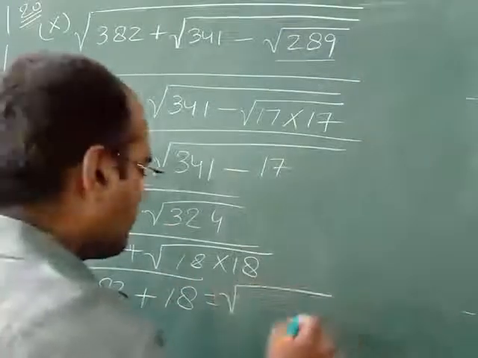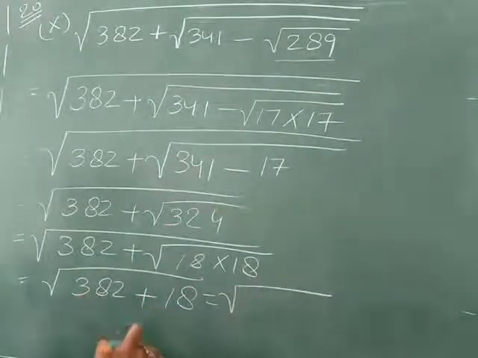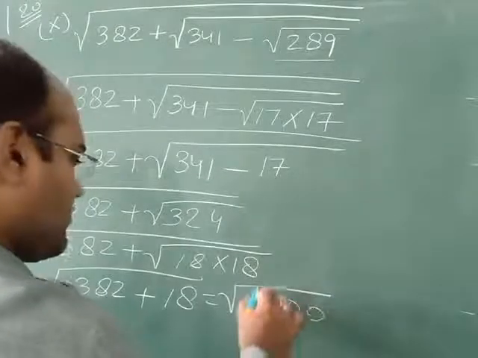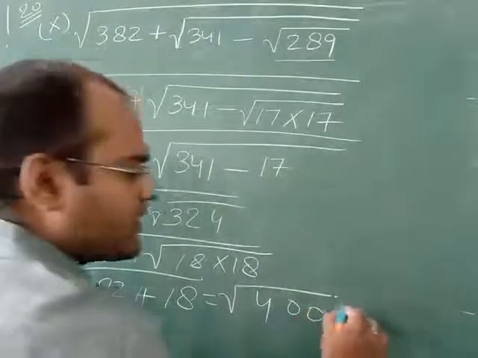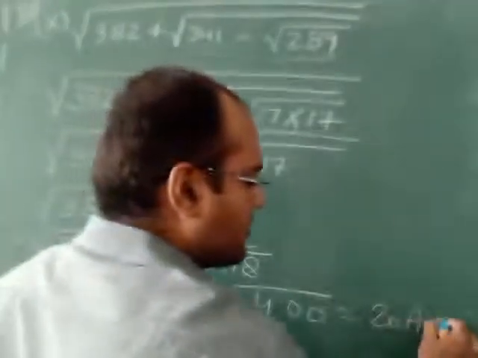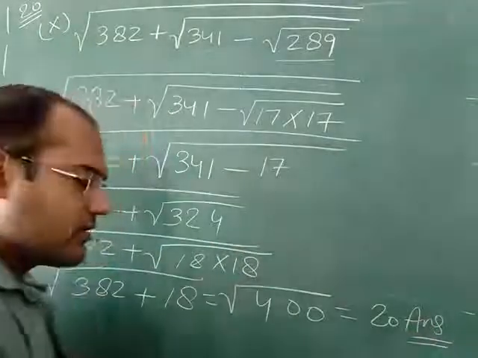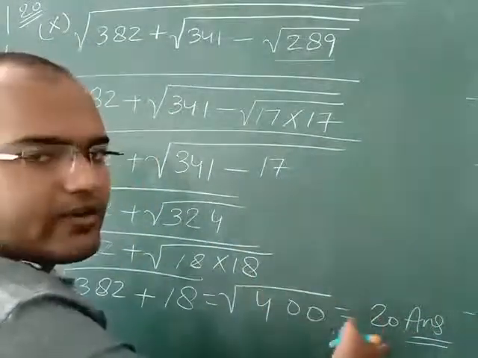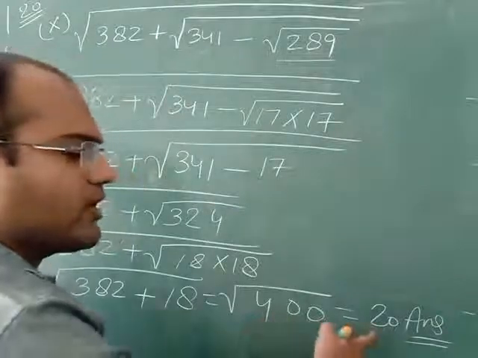Now square root of 382 plus 18, answer will be 400, and square root of 400 is 20. So this is your final answer. 20 multiply 20 is 400. That's why we will write it 1 time. So square root 400 becomes 20.